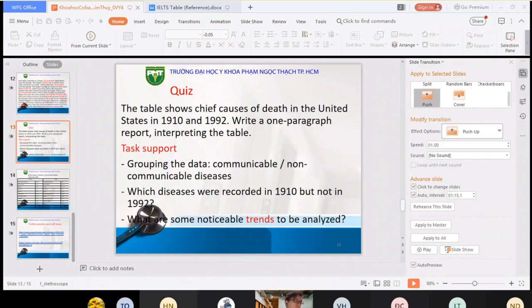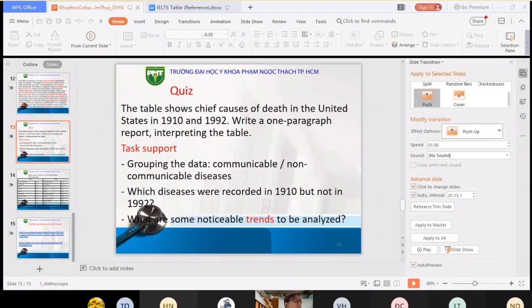Another tip for you, you can also make comparisons within groups, like within 1910. For example, you compare the percentage of people who die of pneumonia with accidents. So I say again, you can compare figures of the same categories or of the same group.